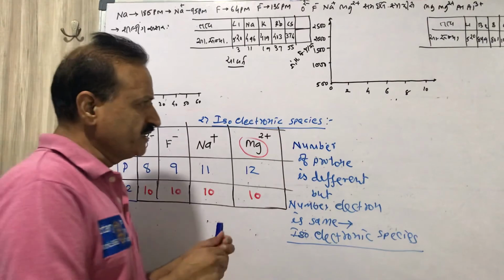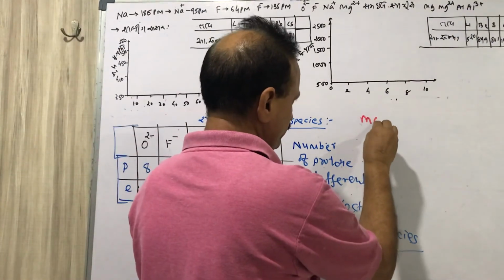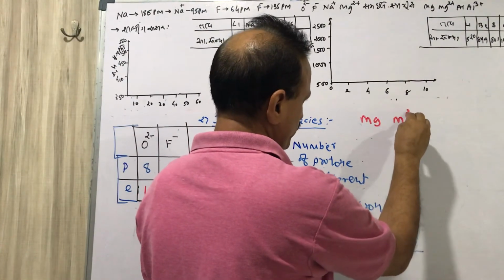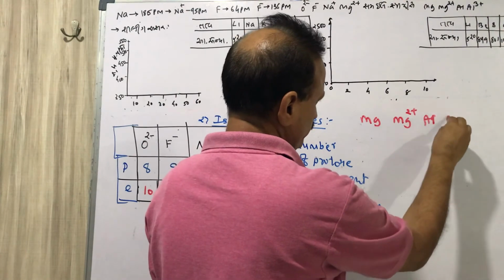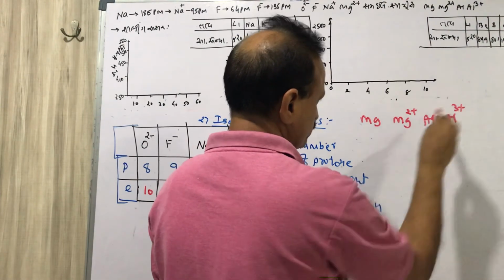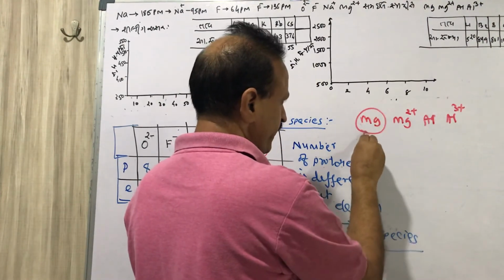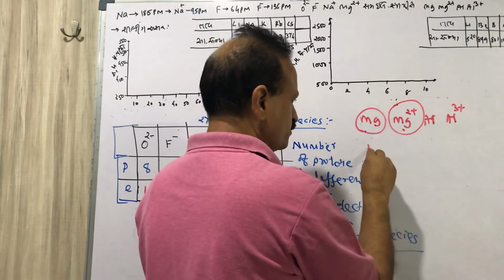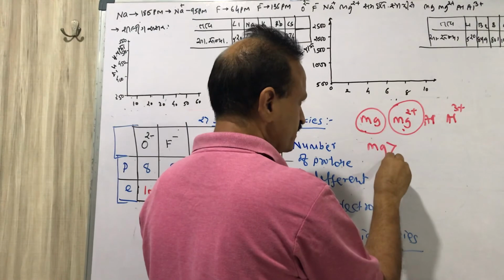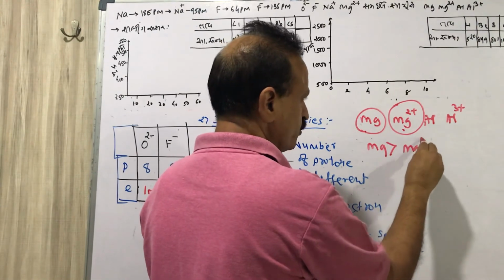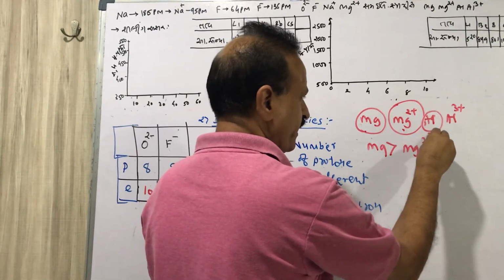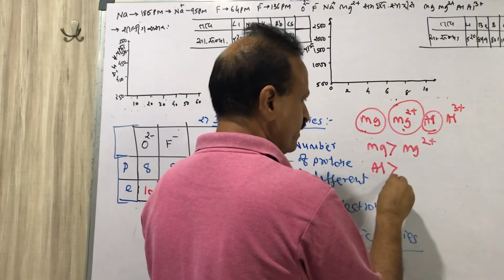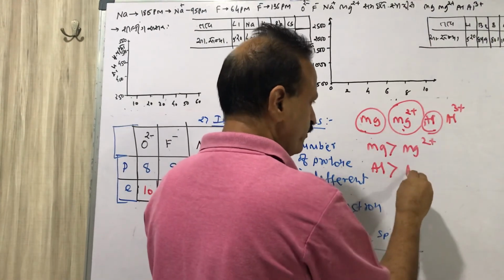Now we are going to discuss magnesium, magnesium 2 plus, aluminium, aluminium 3 plus. Magnesium is the parent atom and magnesium 2 plus is the ion. So magnesium has a greater size than magnesium 2 plus, and aluminium, the parent atom, has a greater size than aluminium 3 plus.